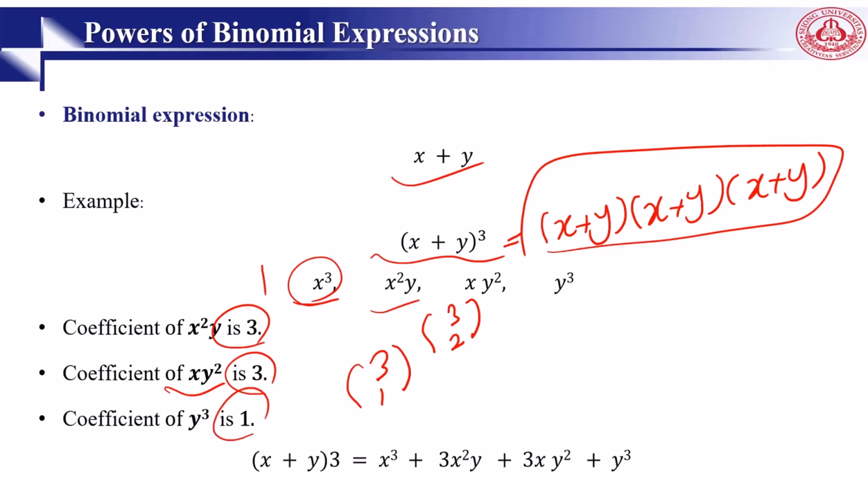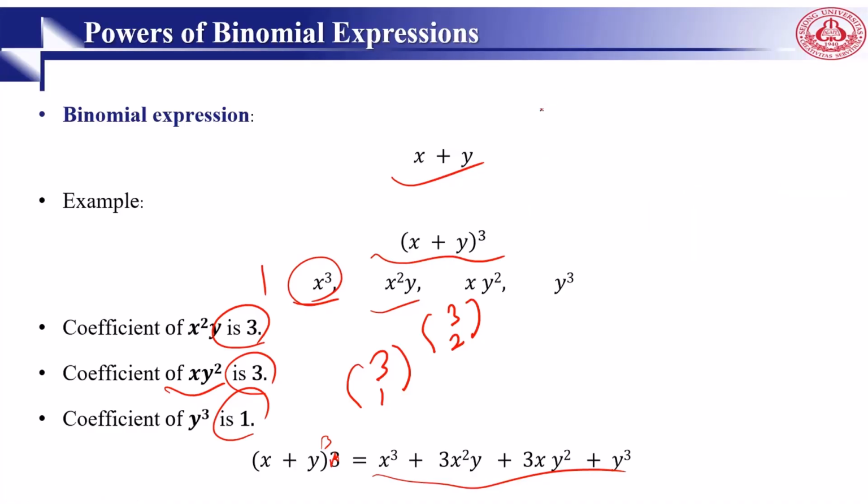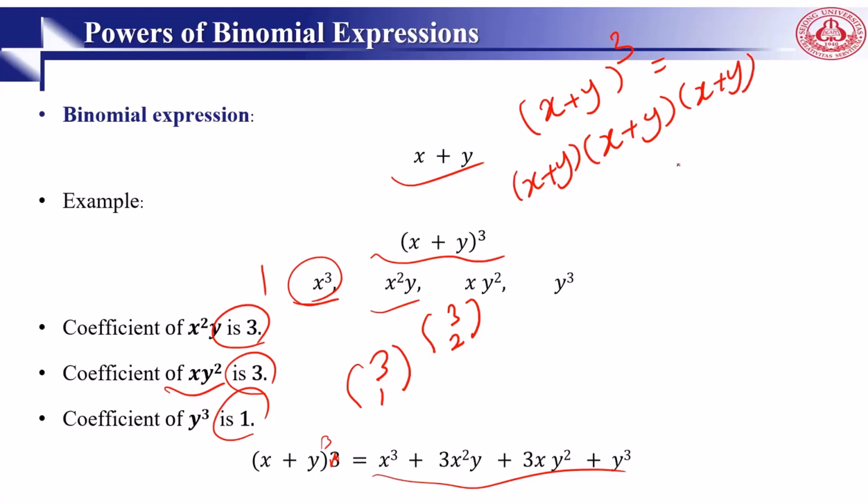We have used a counting argument for the power, which gives us this combination. We can say simply x plus y cubed is equal to x plus y times x plus y times x plus y. Then if you do the multiplication, we have xx plus xy plus yx plus yy, times x plus y.